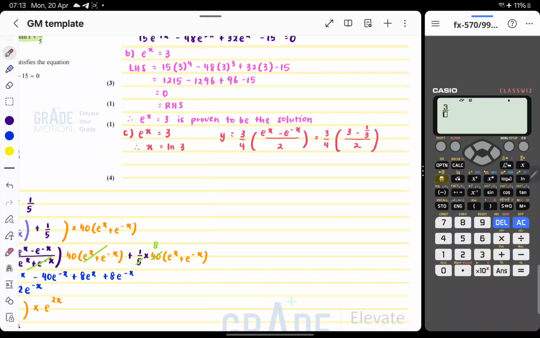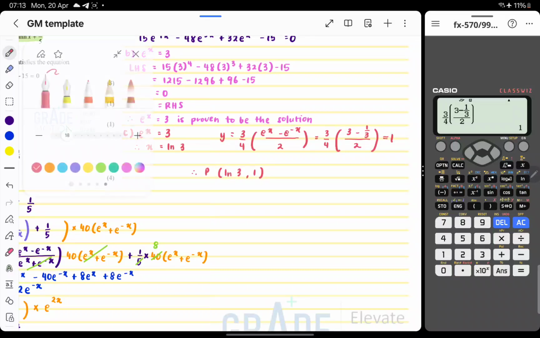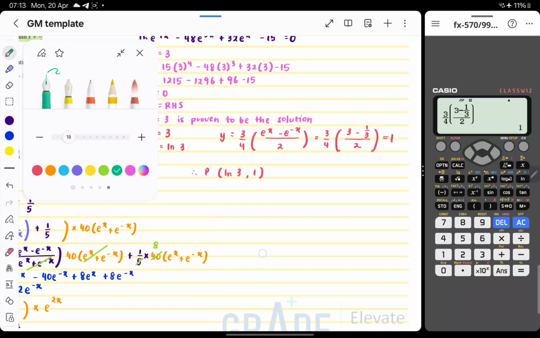Okay, let's use our calculator. 3 over 4, 3 minus 1 over 3, over 2. Let's close our bracket, equal to 1. Therefore, P is equal to ln 3, 1. We are done with part 1.